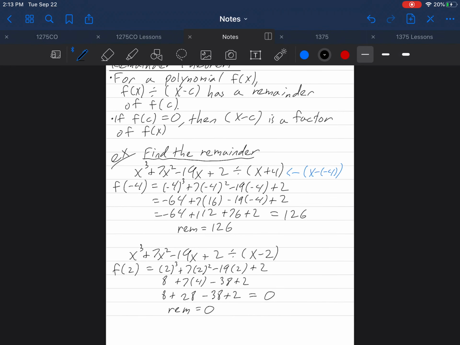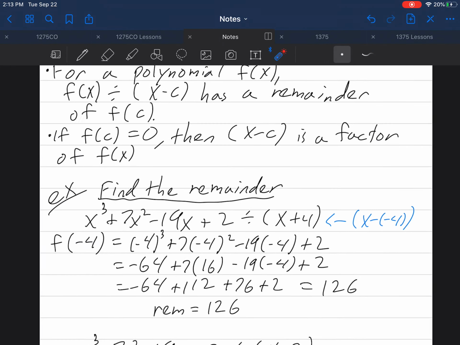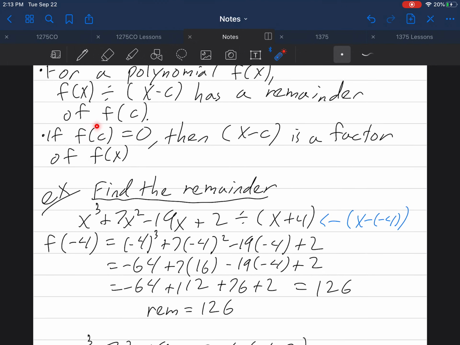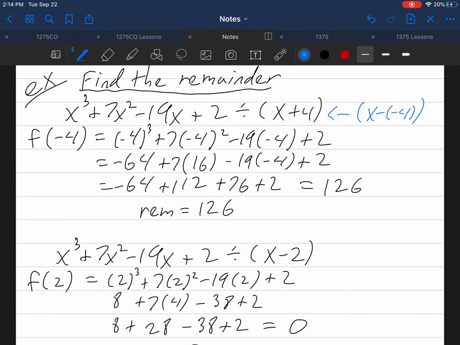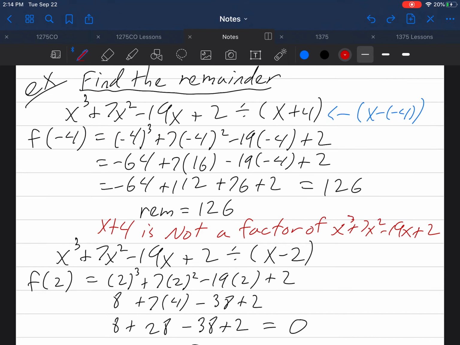So here's the second part of the remainder theorem, which says that if f of c, when evaluated, actually turns out to be 0, that means the binomial x minus c is a factor of f of x. Based on our findings, x plus 4 is not a factor of x to the third plus 7x squared minus 19x plus 2, our original polynomial.